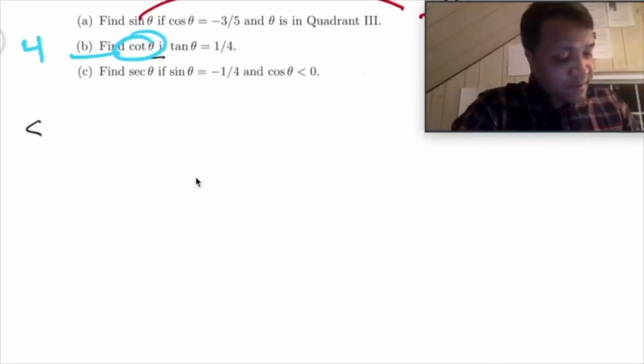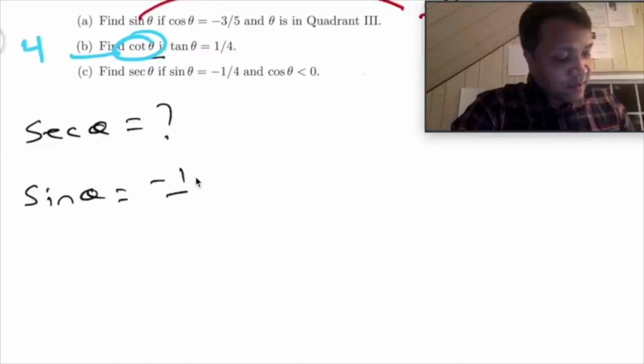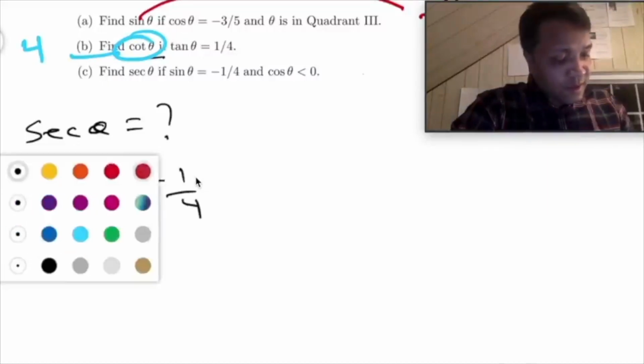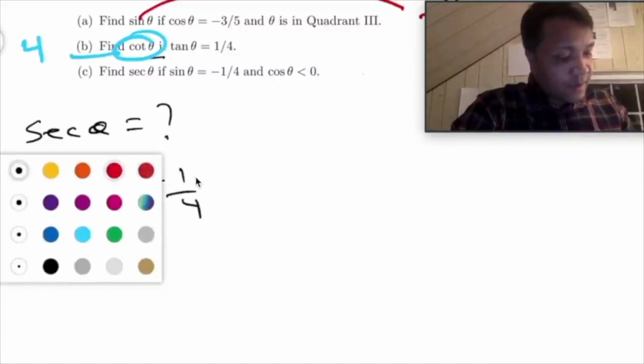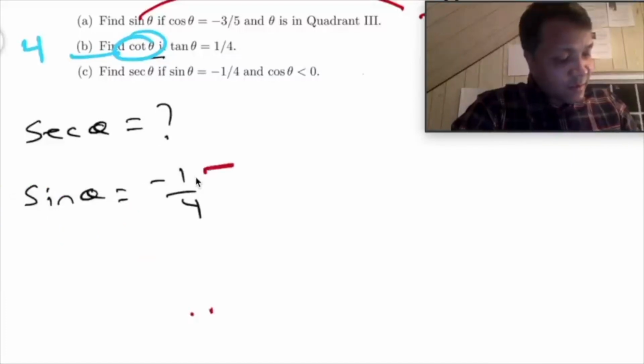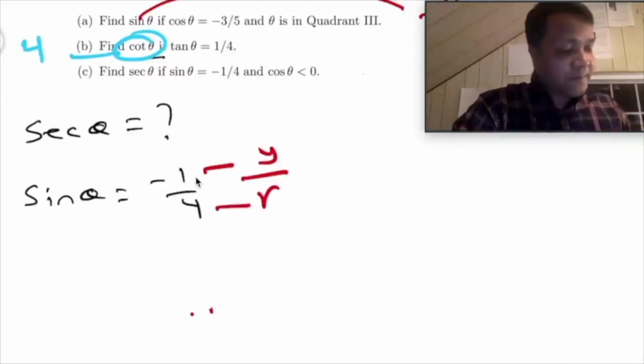So secant theta is what, when sin theta is negative 1 over 4? Let's remind ourselves what we have. Y is negative 1 and r is 4.